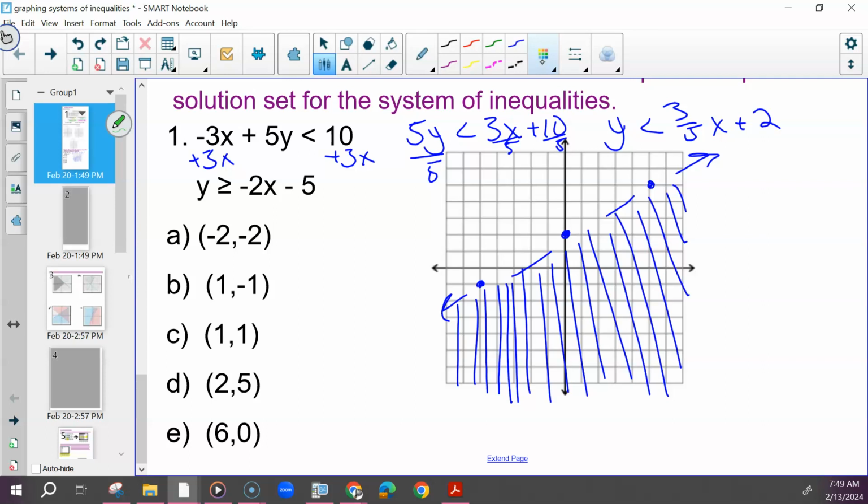Right, and then the other one is already solved for you, so you just have to graph that one. Would this one be dashed or solid? Solid. Shaded above or below? Above.